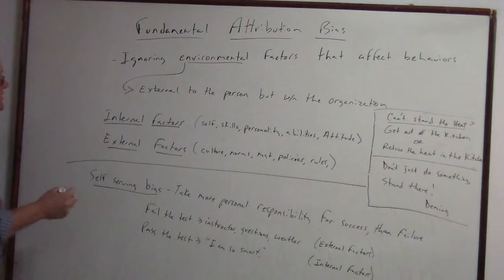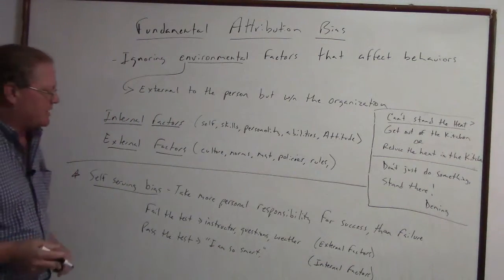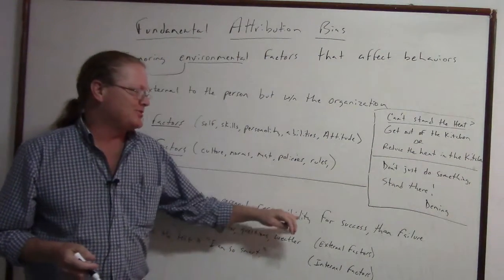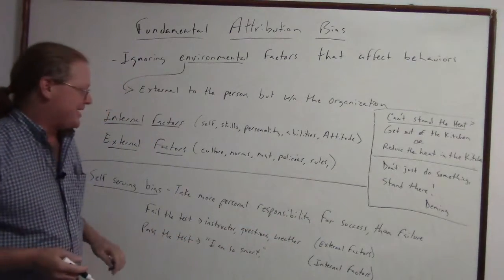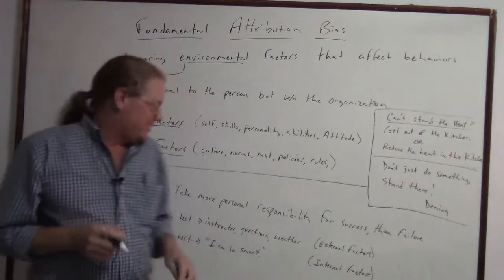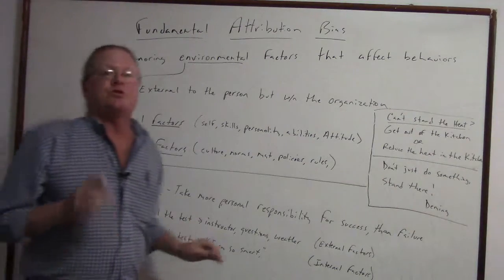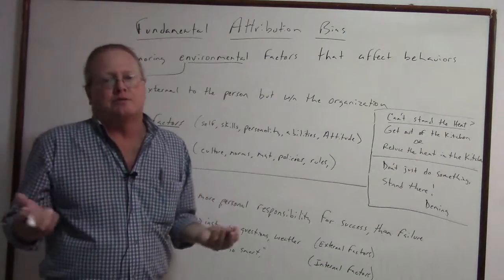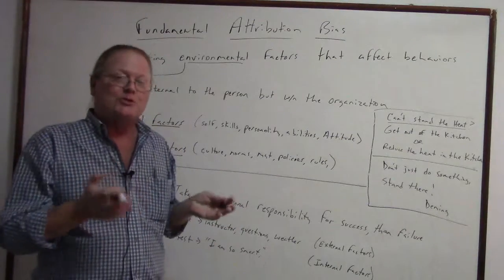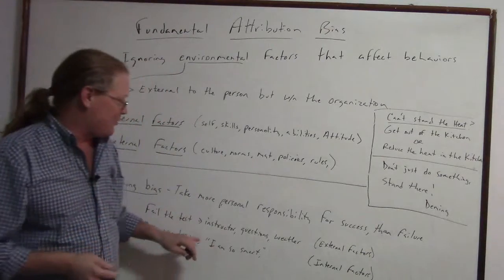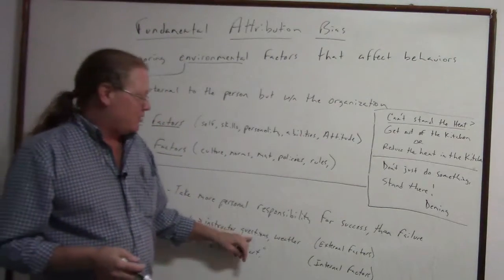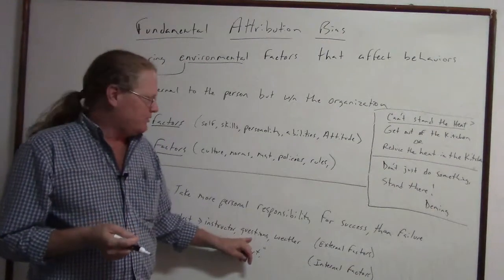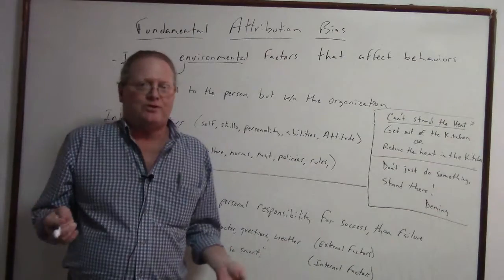Now, we have another concept called the self-serving bias, where we take more personal responsibility for success than failures. Now, if you fail your test, who's to blame? Well, if you didn't study at all, you might say, oh, okay, it was my fault. But normally, the human instinct is to go, it was the instructor, the questions weren't expected, or the questions were confusing, and maybe even blame it on the weather.